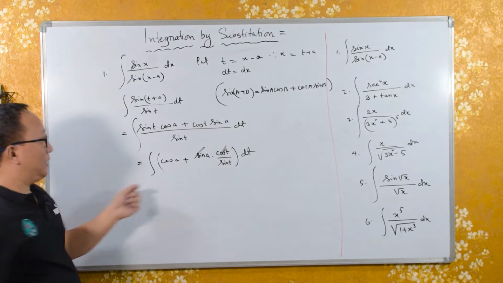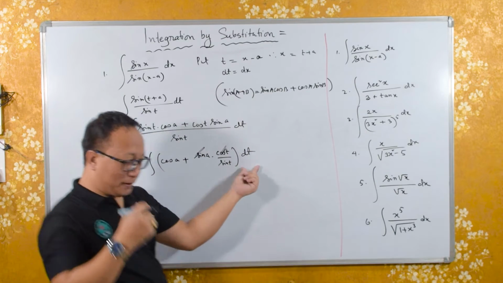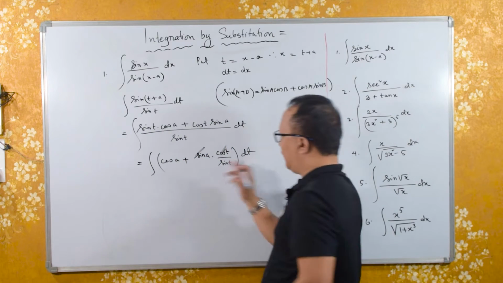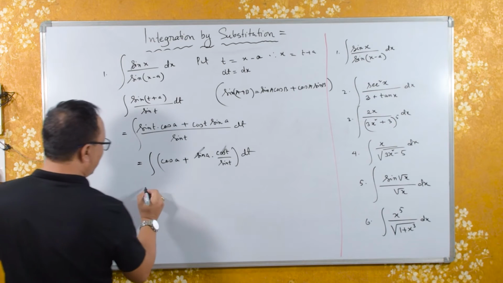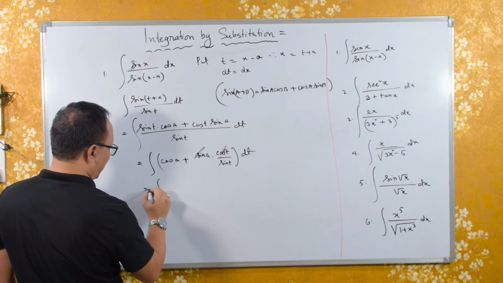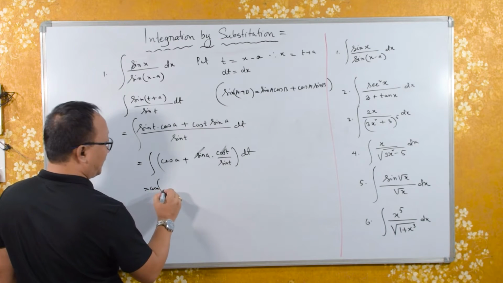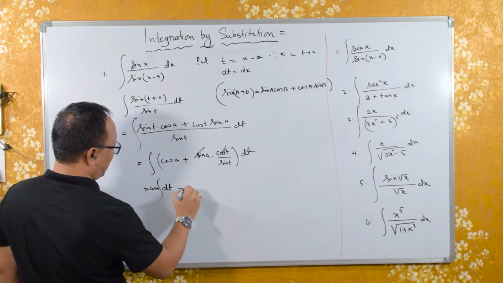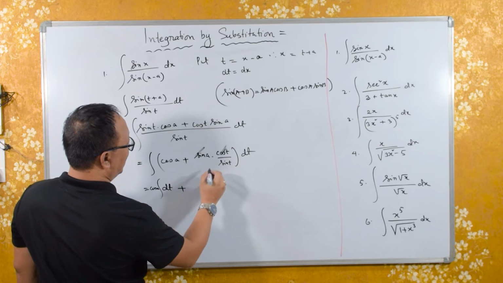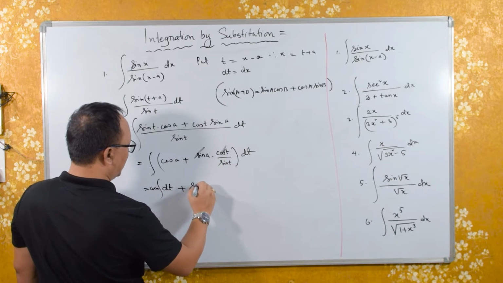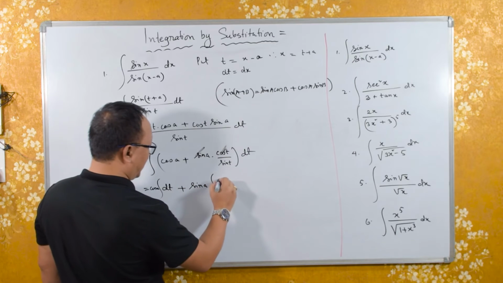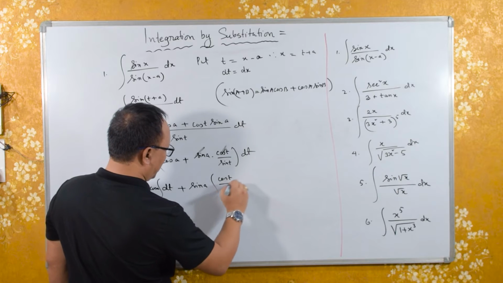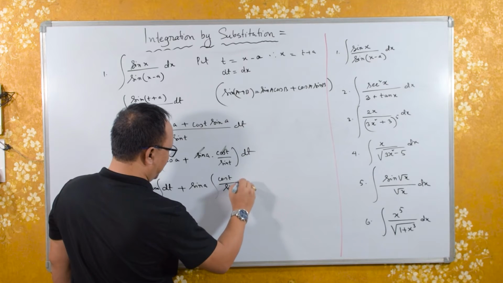Since integration is with respect to t, cos a is constant, so I can send it outside: integral of cos a dt plus sine a, also constant because integration is with respect to t, cos t upon sine t dt.